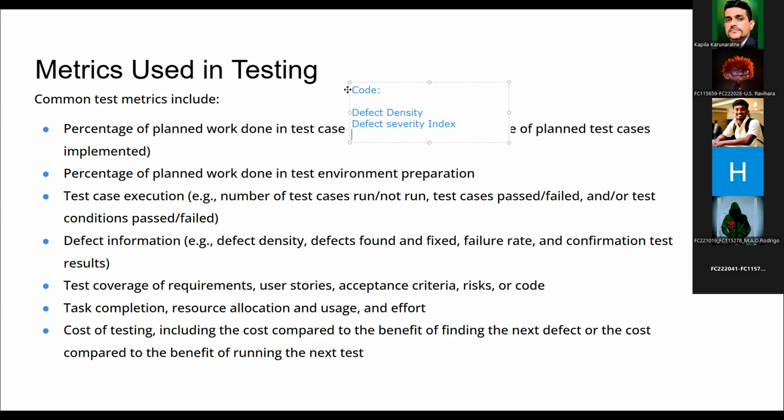You can measure the size of the code using lines of code or the number of tests that you have. Defect severity index is based on the severity of defects. If you have 100 defects for 10,000 lines of code, then the defect density is 0.01.